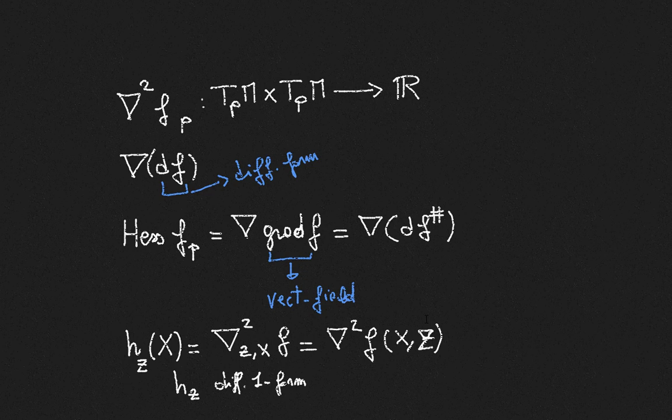So it's a section of the cotangent bundle, and everything works, meaning that this is, let me write this properly, the covariant derivative along z of the f sharp, and this will be the vector field, flat.